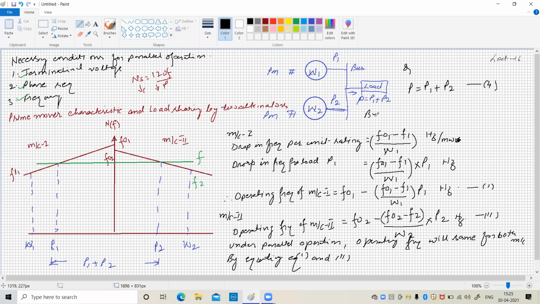By solving equation number 3 and 4, it is possible to determine the load shared by the two alternators as well as the operating frequency of the alternators. Means under parallel operation, we can find the frequency of the entire system. Now, based on this, we can take an example.